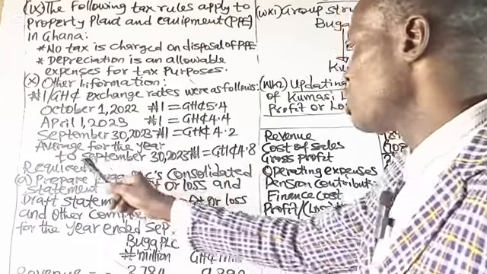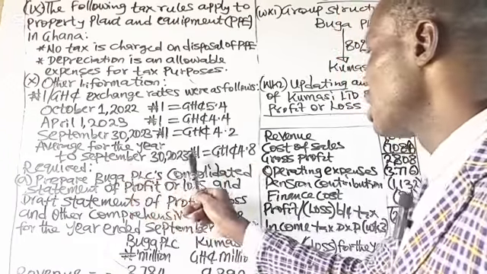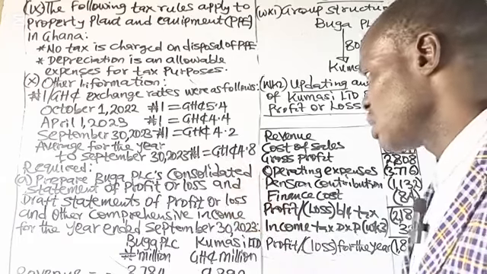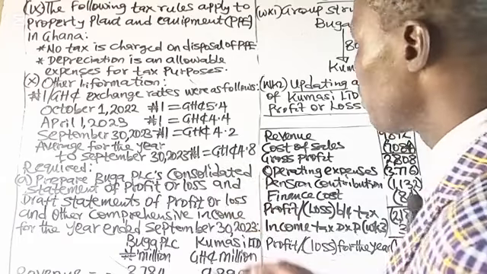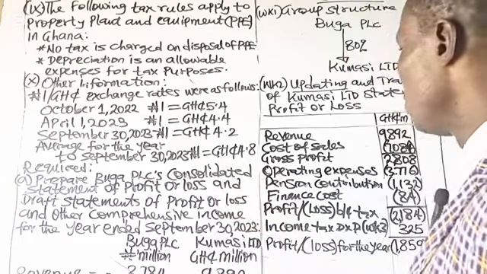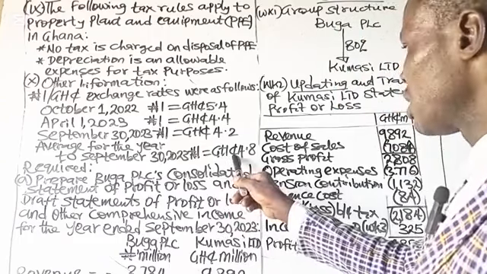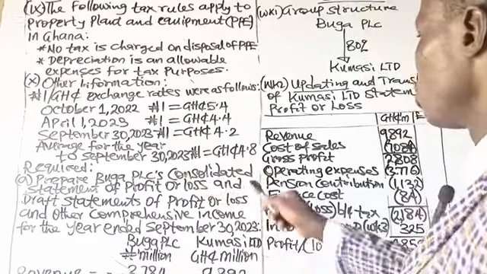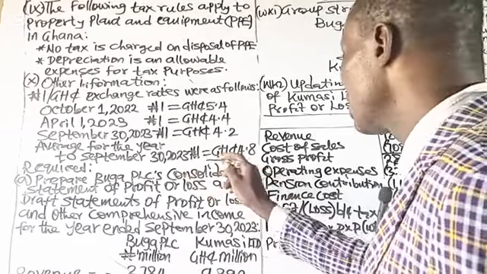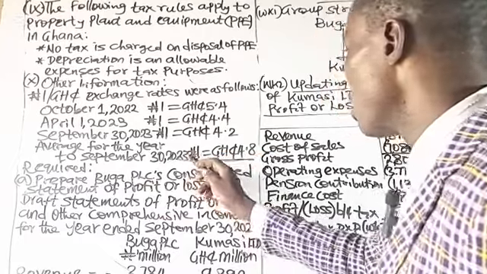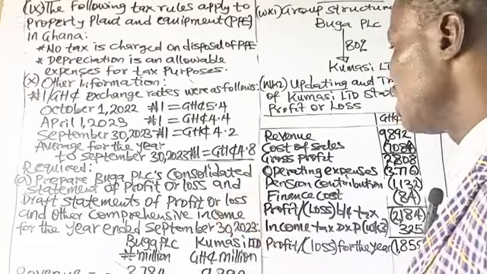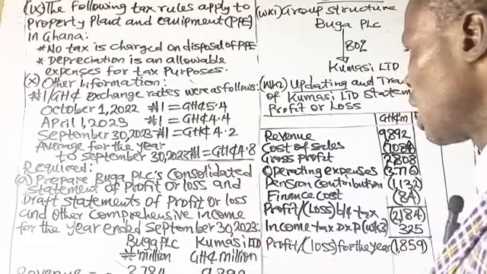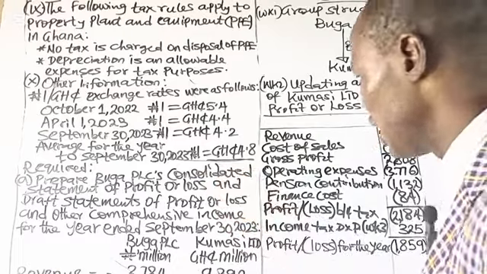Average for the year to September 30, 2023, 1 naira is equivalent to 4.8 Ghana cedis. Remember, we said the profit or loss items should be translated at the average rate. So the 4.8, which is the average rate for the period, should be used to translate the profit or loss items.